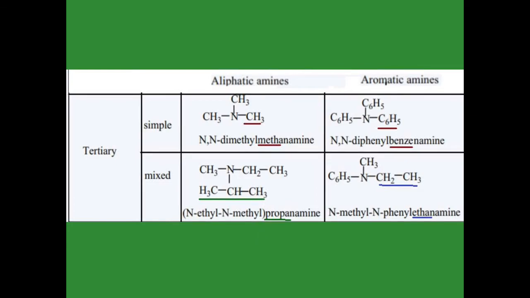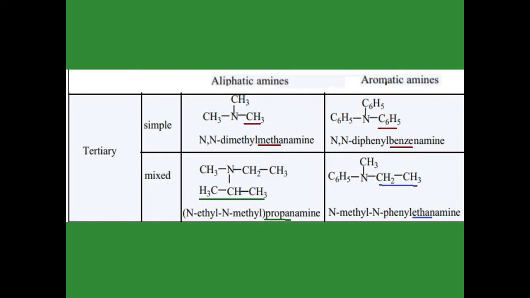Tertiary amine. In the tertiary amine also there are two types: one is simple, another one is mixed. Under the simple aliphatic amine, around the nitrogen we have 3 methyl, the same group, so that is a simple one. One of the methyl I take as the root word, indicated in brown color. Only one carbon is there, so meth, single bond, ane, and then amine, methanamine.